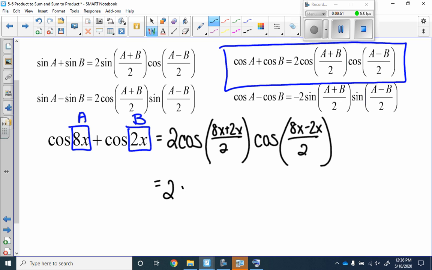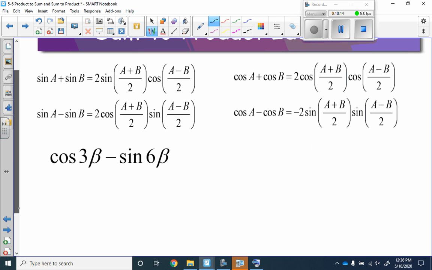So now you just have a little simplifying to do. 8x plus 2x is 10x, and 10x divided by 2 is 5x. 8x minus 2x is 6x. Divide that, and we get 3x. And that's how you go from a sum to a product.